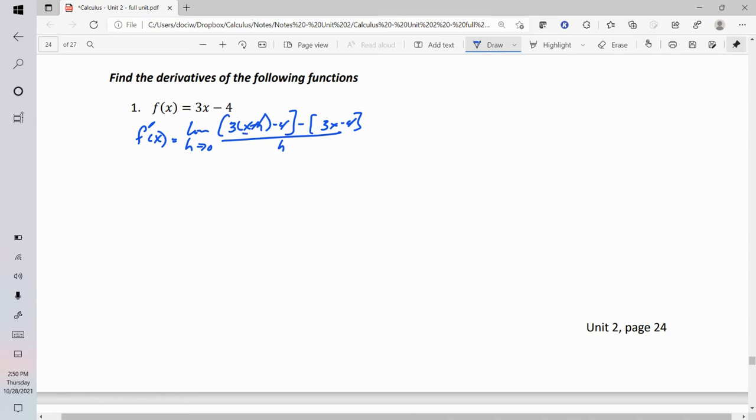For f of x plus h, I replace the x with x plus h. We're now going to distribute the 3 to the x and to the h. So that will give us 3x plus 3h minus 4 minus 3x minus negative 4, all divided by h.